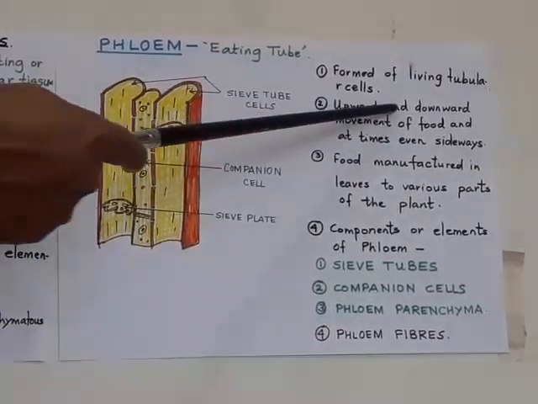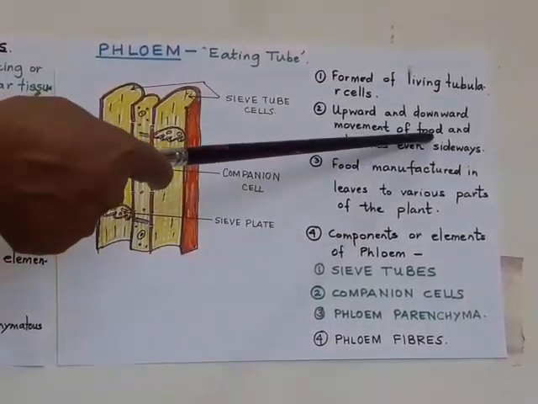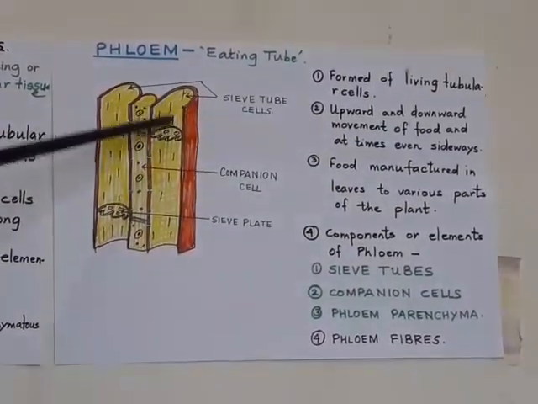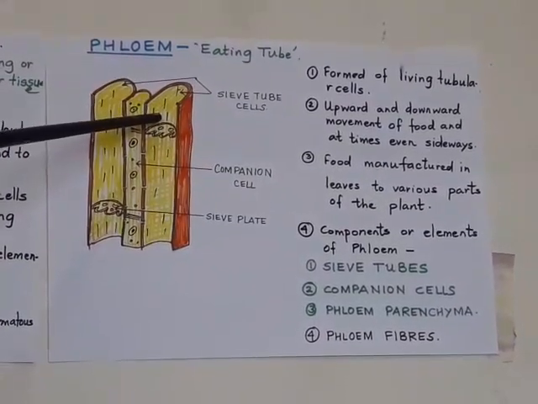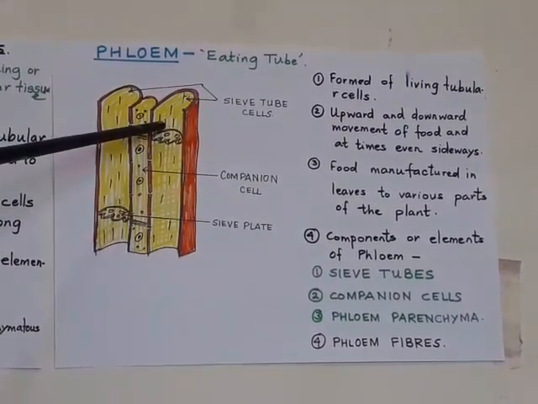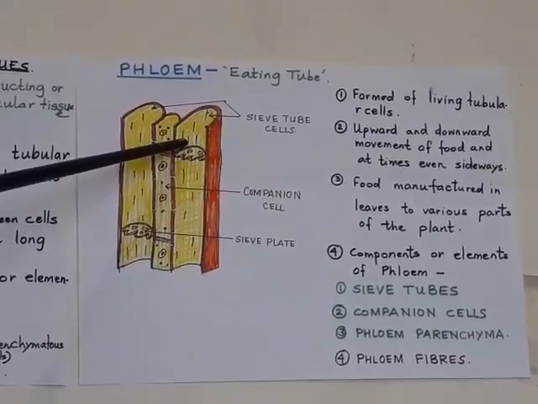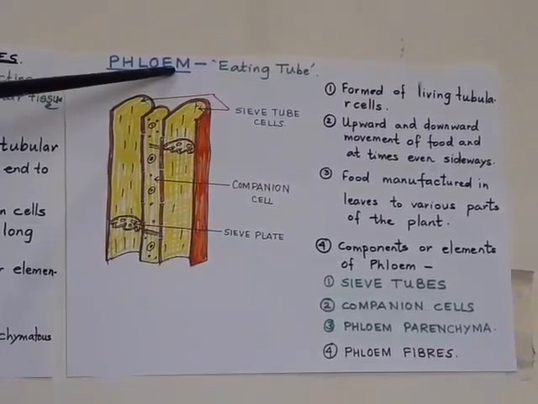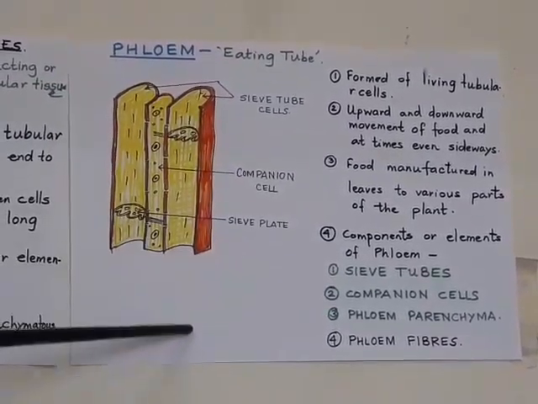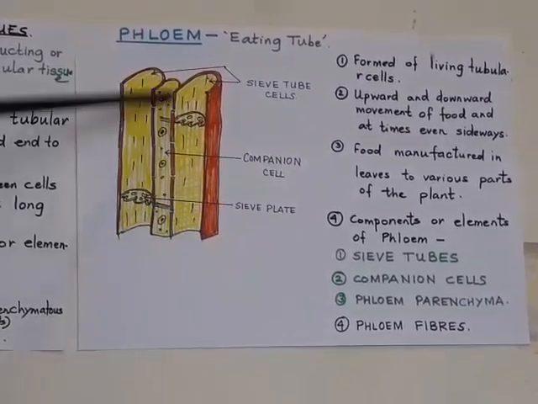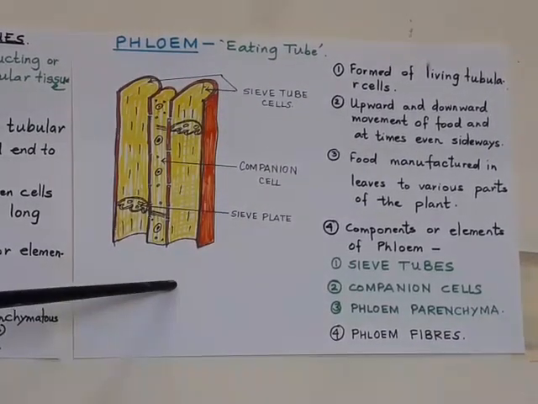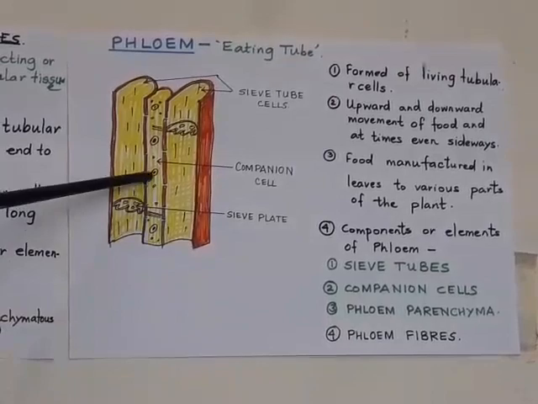There is upward and downward movement of food. If the height of the plant is too high, then the food will be transported up and even down. So there is upward and downward movement of food, and at times even sideways.